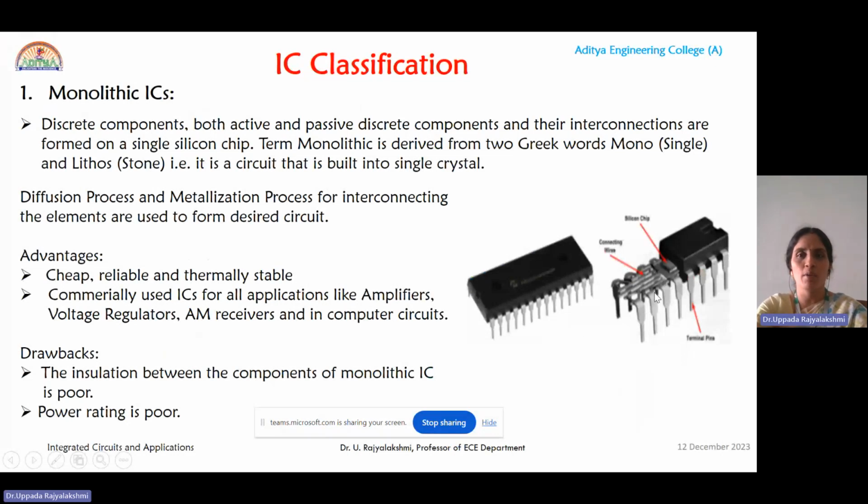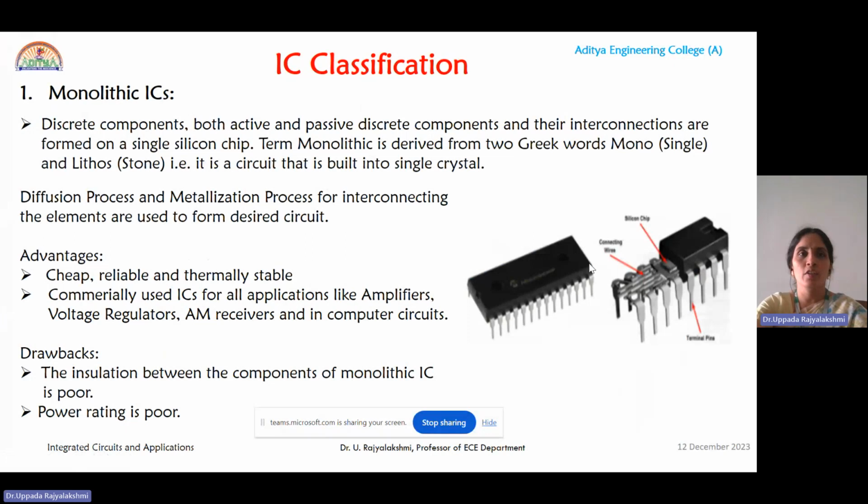And these are cheap, reliable, and thermally stable. And these are commercially used ICs for all applications like amplifiers, voltage regulators, AM receivers, and in computer circuits. But the main drawback in this monolithic IC is that the insulation between the components is very poor. So its power rating is also very poor.